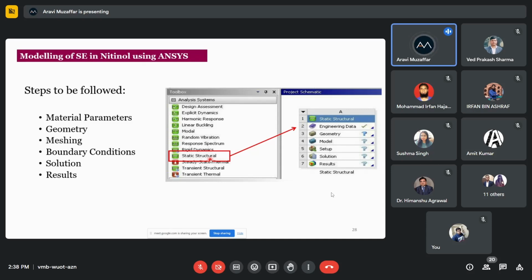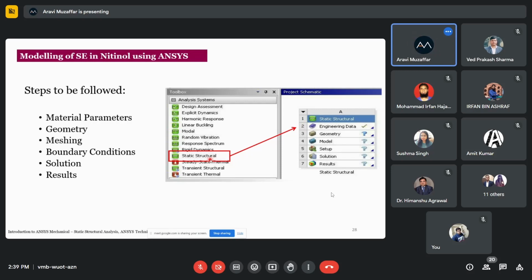For Ansys, if you are using Ansys and we have to model particularly the superelastic effect of nitinol in it, in general we know the steps that are followed in Ansys. We have to specify the material parameters, we have to specify the geometry of the component that we are going to test on, we have to specify the meshing, we have to specify the boundary conditions, and finally we get the result. So all these parameters are important.